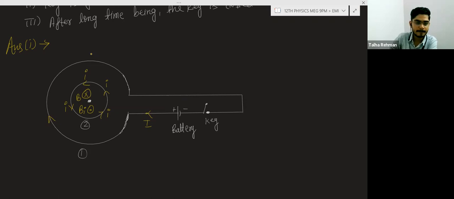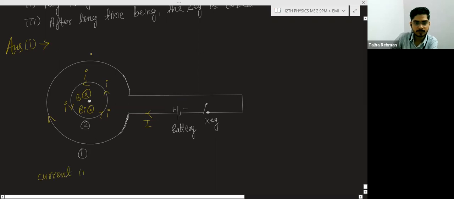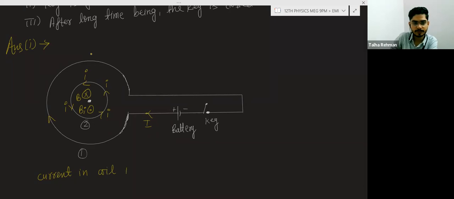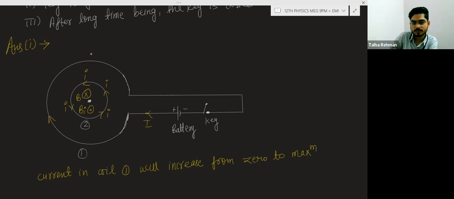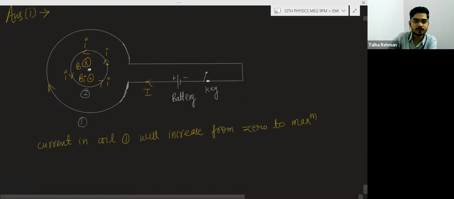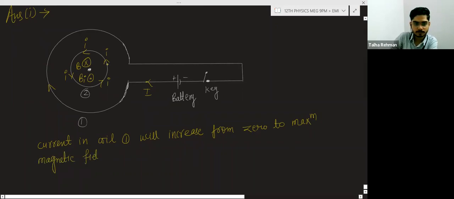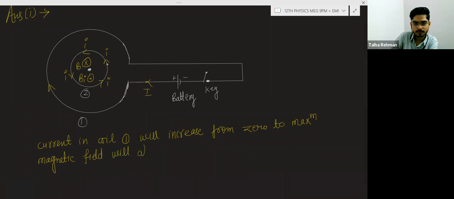When the current in coil 1 will increase from 0 to maximum, so you can say the magnetic field will also increase, because magnetic field is directly proportional to current.